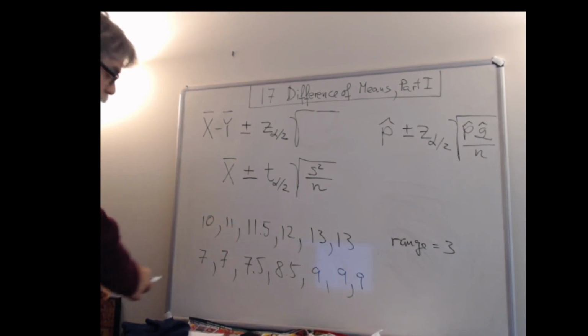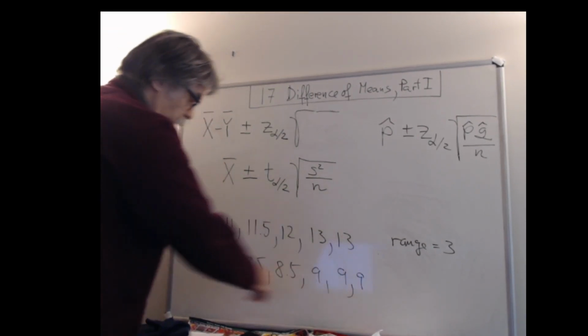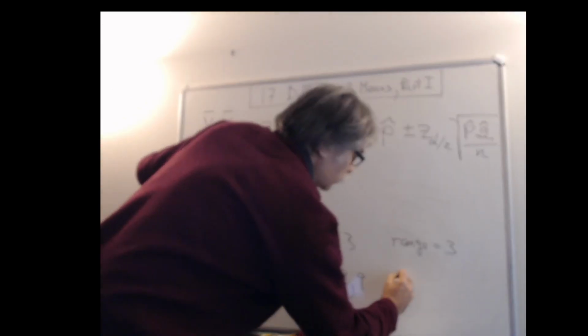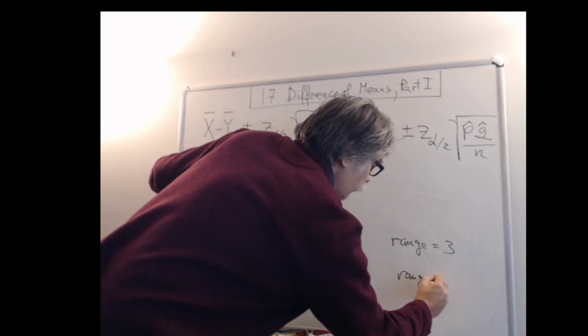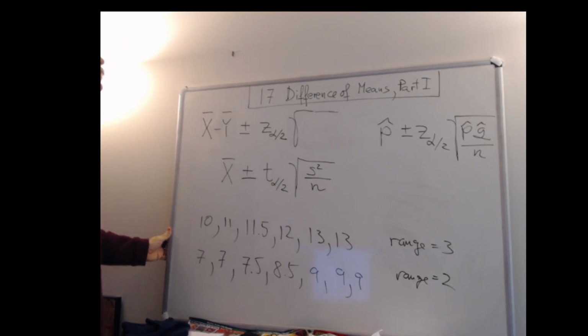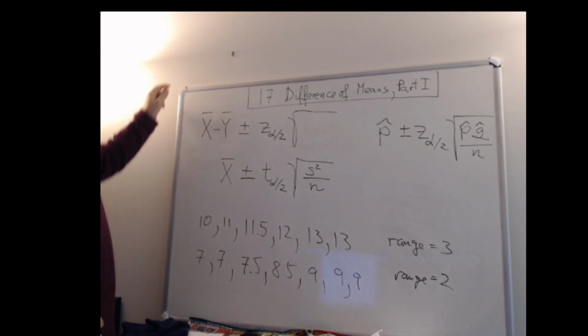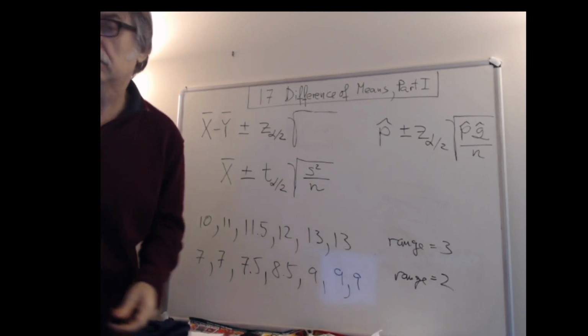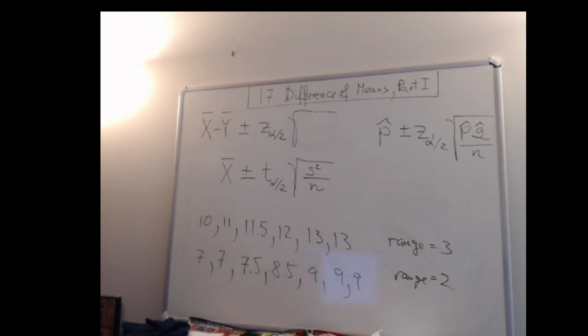In terms of female shoe sizes, the range is 2. As you probably know from statistics 1, range is the simplest possible measure you can have of the variation, right? So the first sample has range 3, the second sample has range 2.